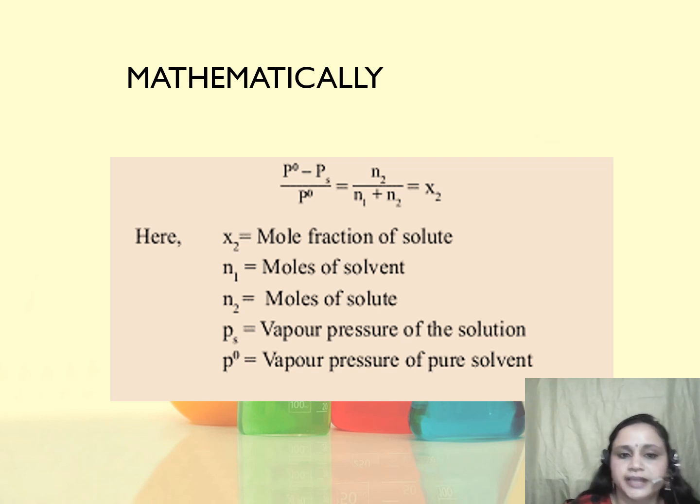Here, on the left hand side, P naught represents the vapor pressure of the pure component and PS represents the vapor pressure of the solution. Here N2 and N1 are the numbers of moles of the components, which help in calculating the mole fraction.